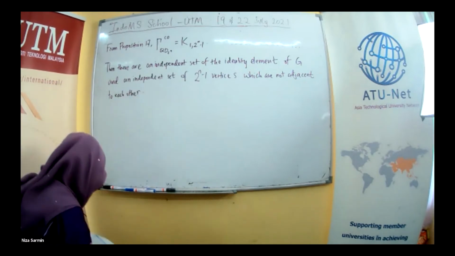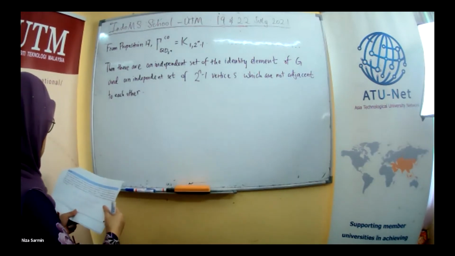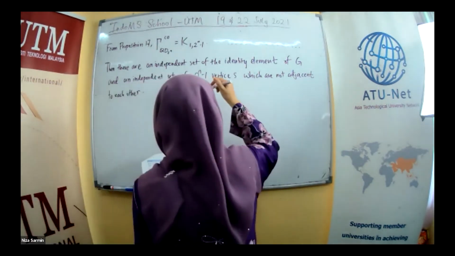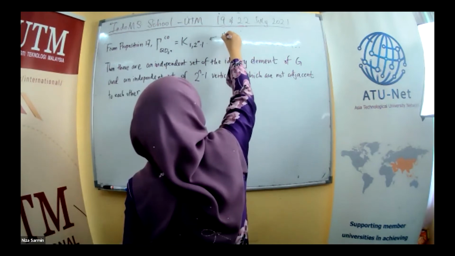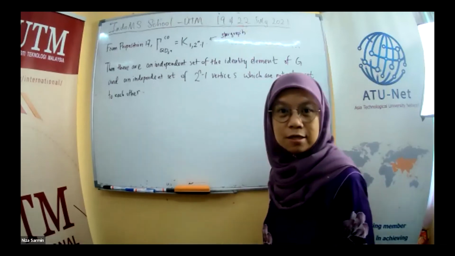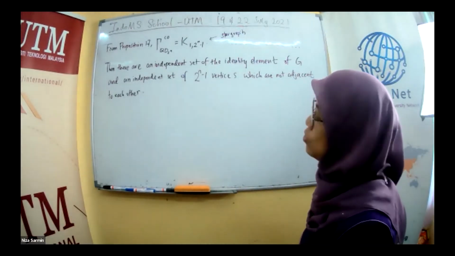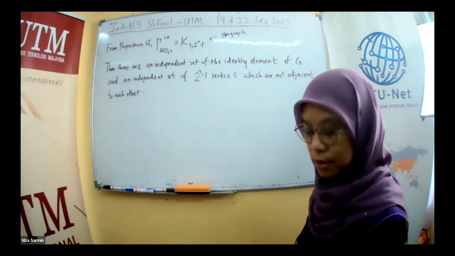So this one is actually the star graph, right? Sometimes we call this the star graph of 2^n vertices. All right.